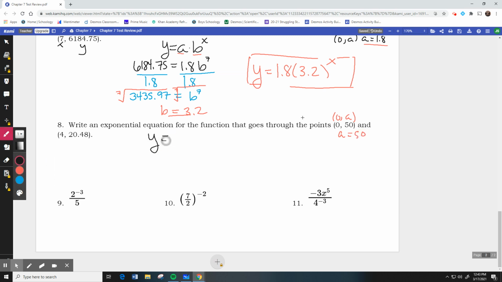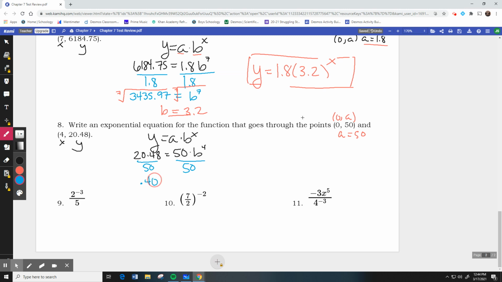So I would have y equals a times b to the x. Here's my x and y that I'm going to plug in. So 20.48 equals 50 times b to the 4th power. And then we're going to go ahead and solve. So we'll divide by 50. And you're probably like, oh man, I'm going to get some sort of little itty bitty decimal. And you are.